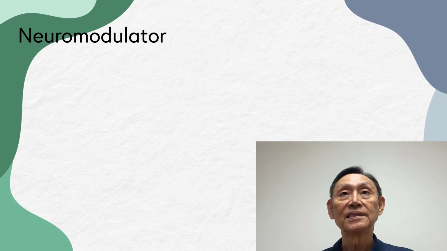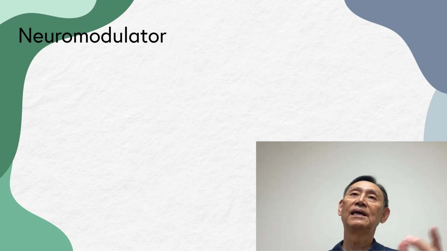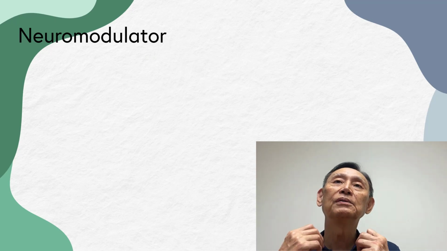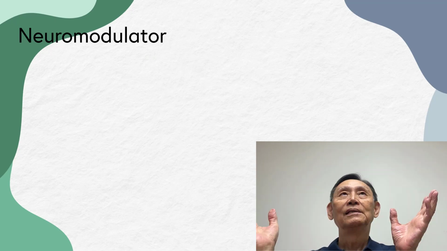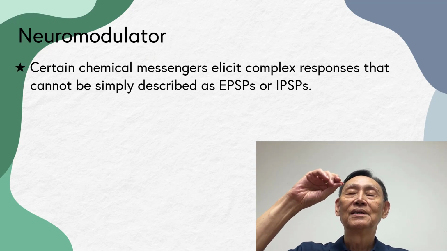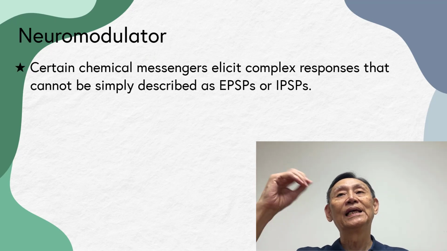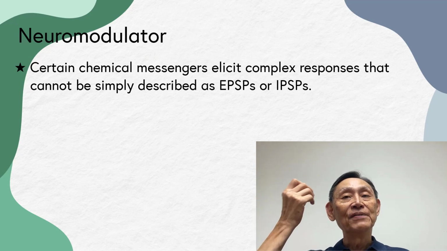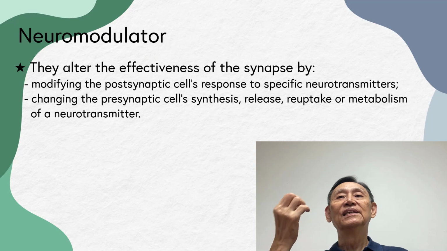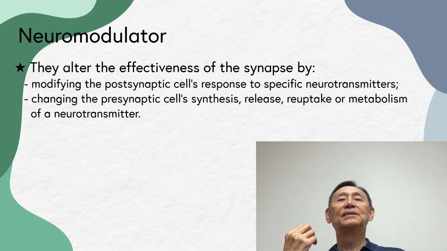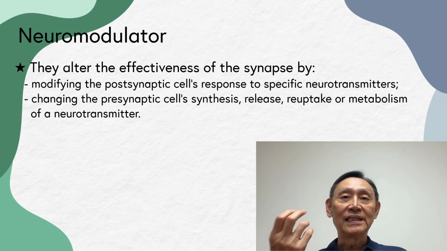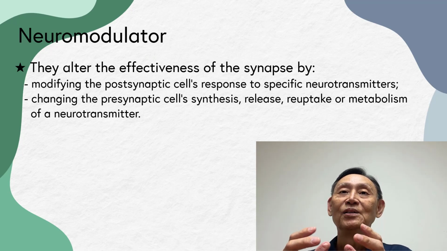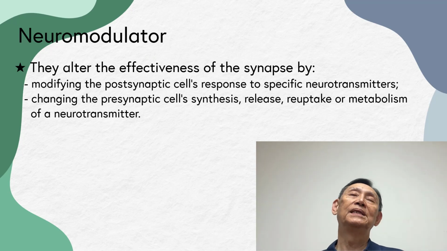And next, we're going to talk about another category. They are not real neurotransmitters, but they are also released by neurons. Sometimes they don't induce visible changes like EPSP or IPSP. But their function is to alter the effectiveness of the synapse. How do they do that? They sometimes modify the postsynaptic cell's response to specific neurotransmitters.